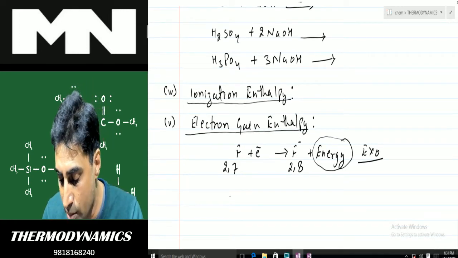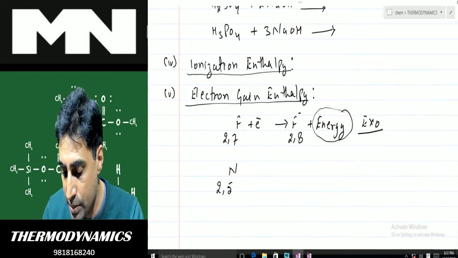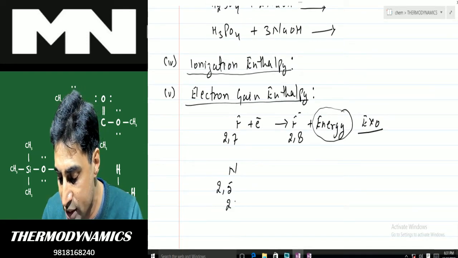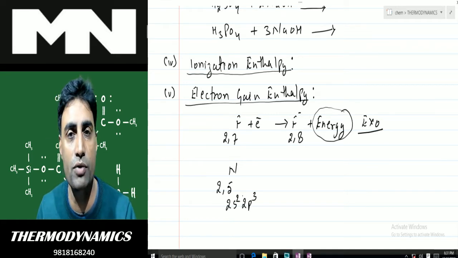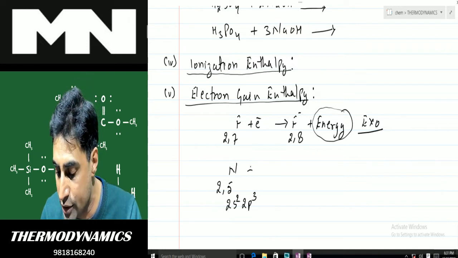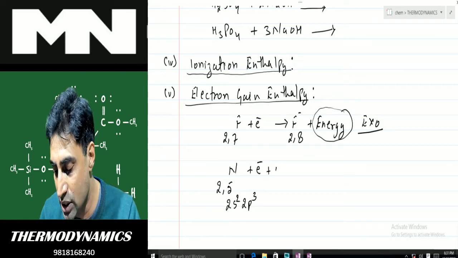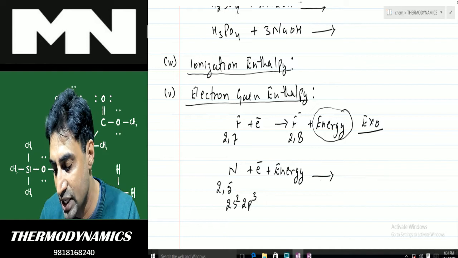For example, if I talk about nitrogen, the configuration is 2,5. And if I further break down 5, it becomes 2s2, 2p3. That means a stable electronic configuration. So it does not have a tendency of gaining an electron, but I am adding an electron to this. If I have to add an electron to this, I will use some energy also, because it does not have a tendency of gaining an electron.